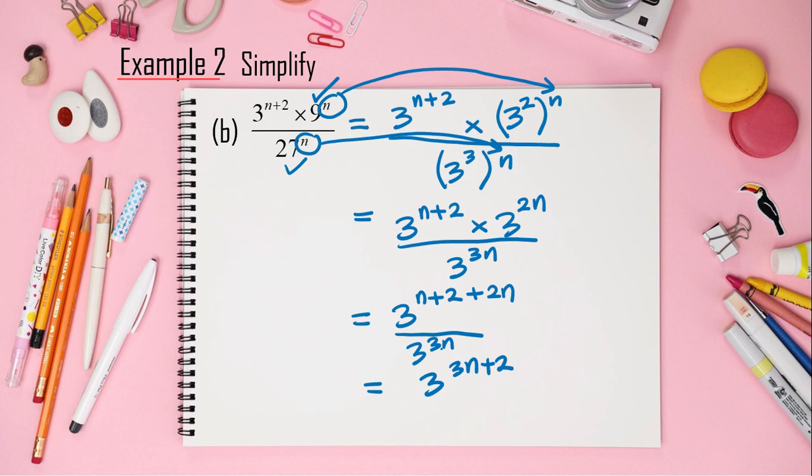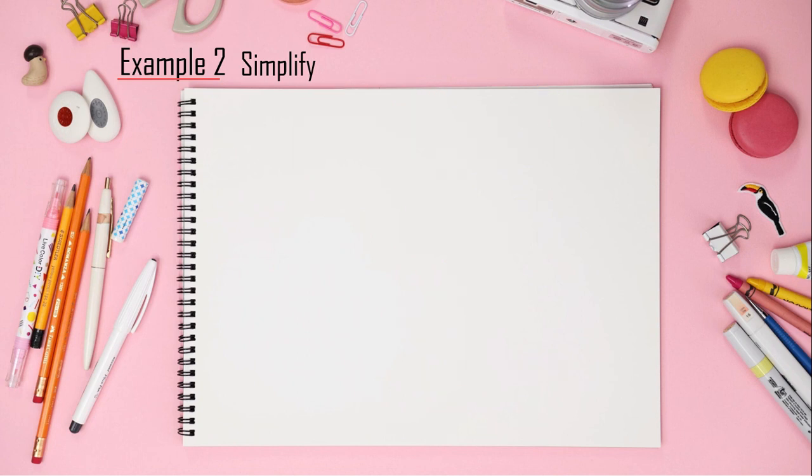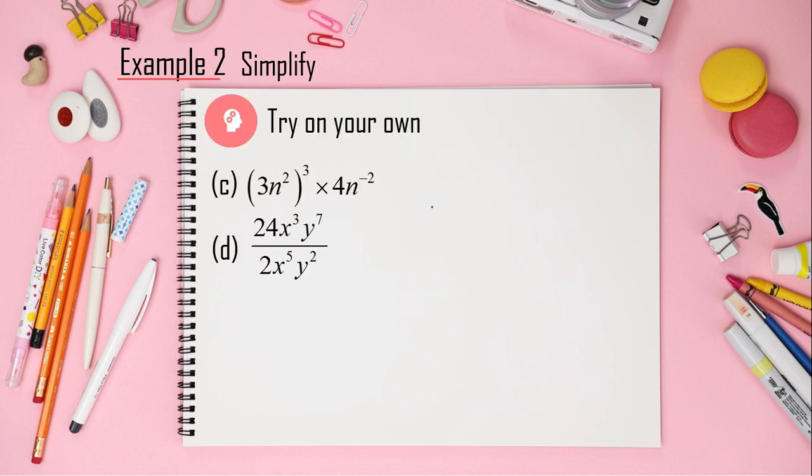For the division, we subtract the indices. Now simplifying this, we have 3 squared, which is 9. Okay, you can try on your own for C and D.